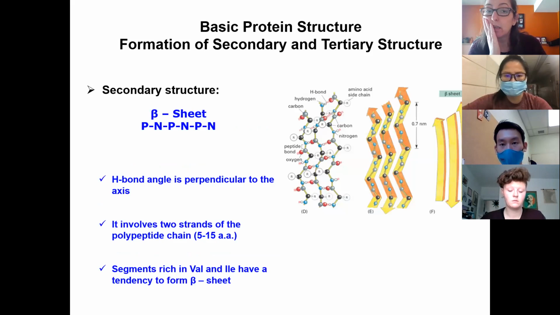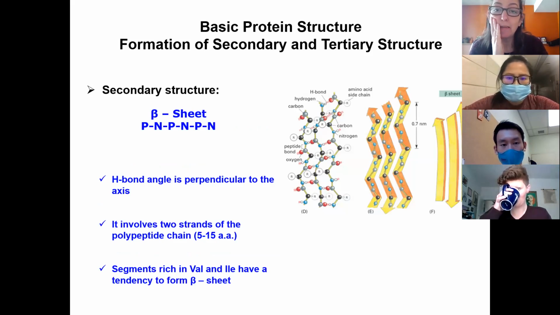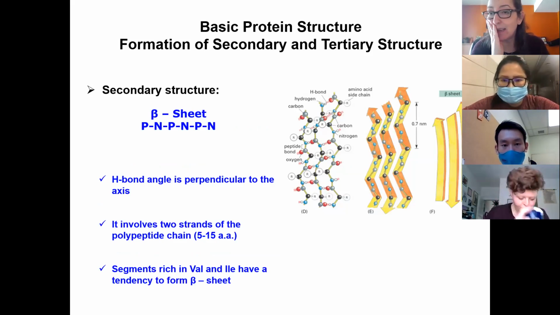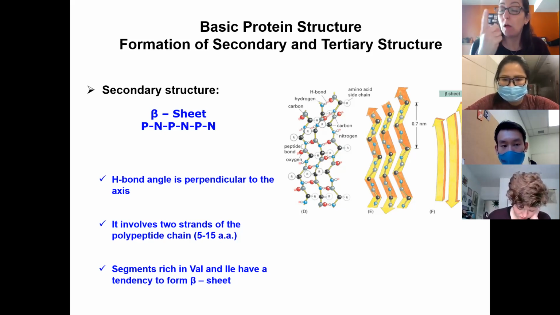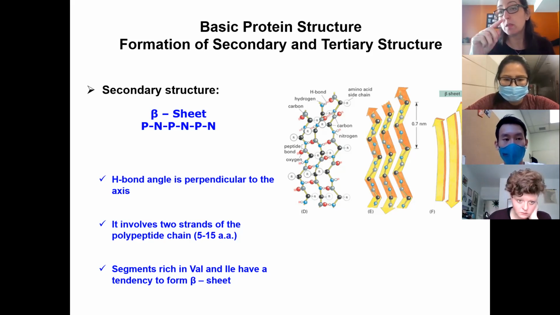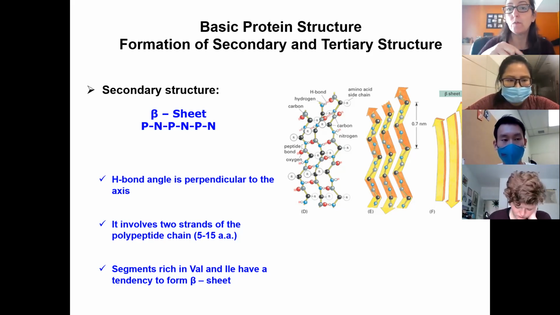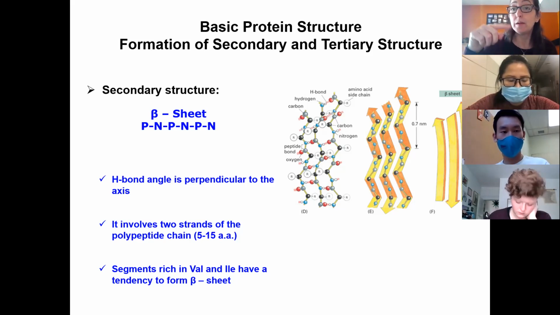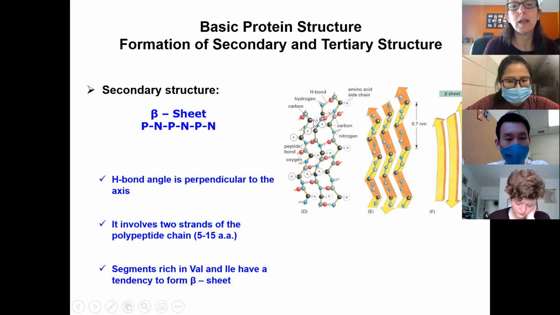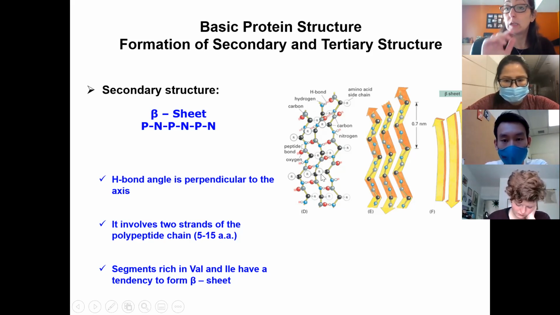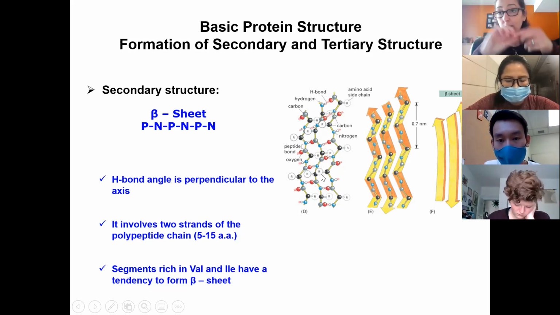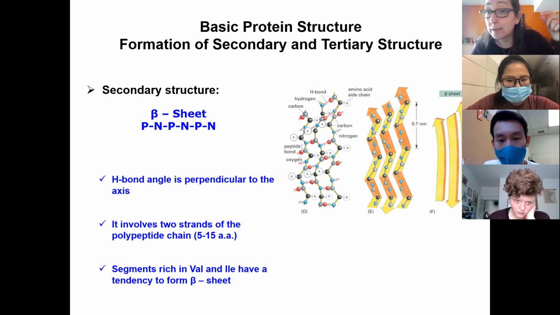So beta sheets are basically sheets, as you can see here in the structure. Within one molecule, one protein, strands can form in a parallel formation. This strand and this strand, for example, come from one string.